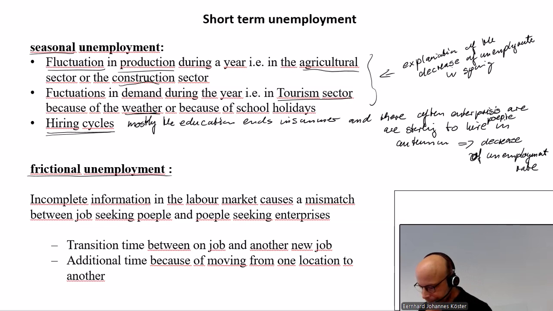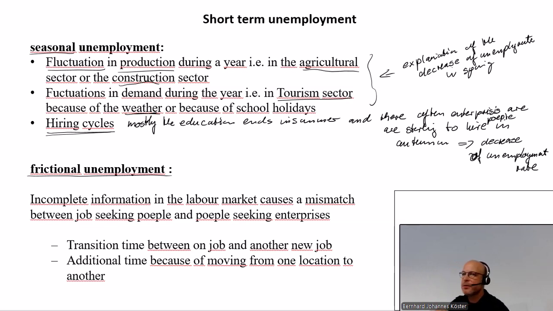Yeah, and another kind of short-term unemployment is in general, think of yourself. Maybe you get your bachelor, and then you start seeking for a job.